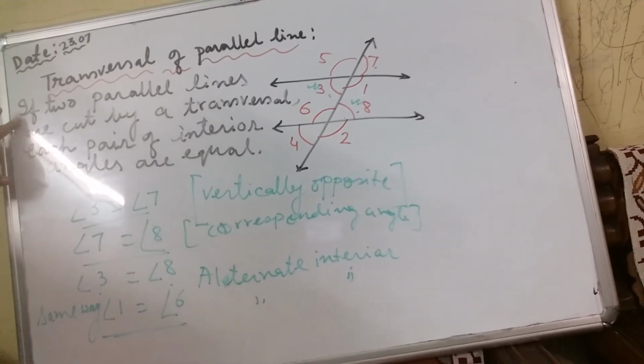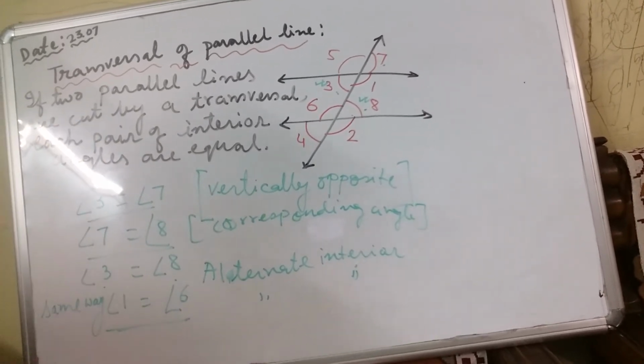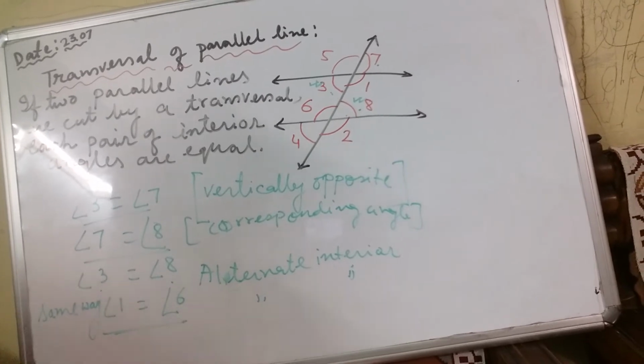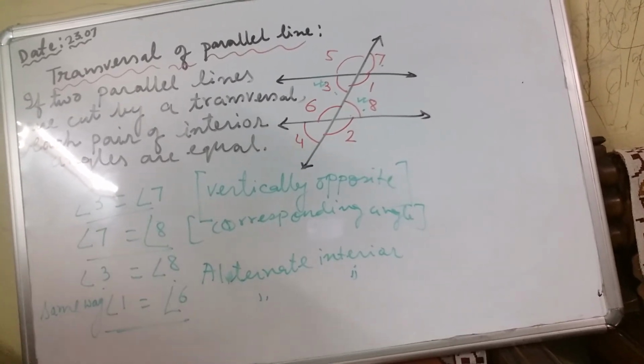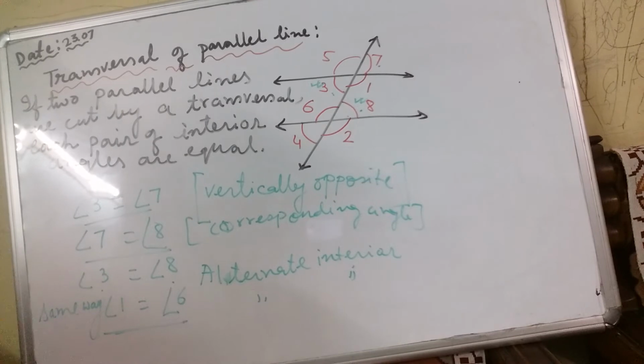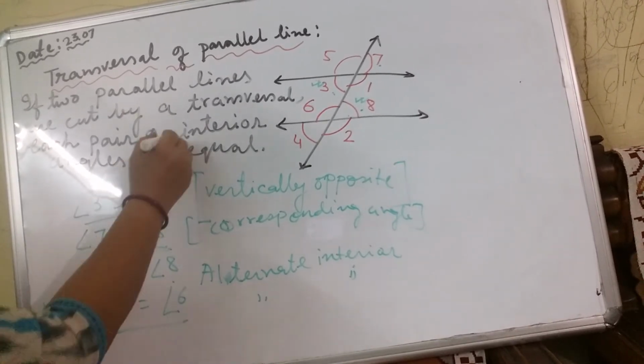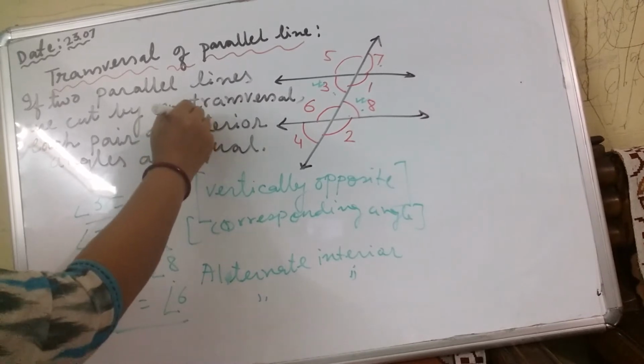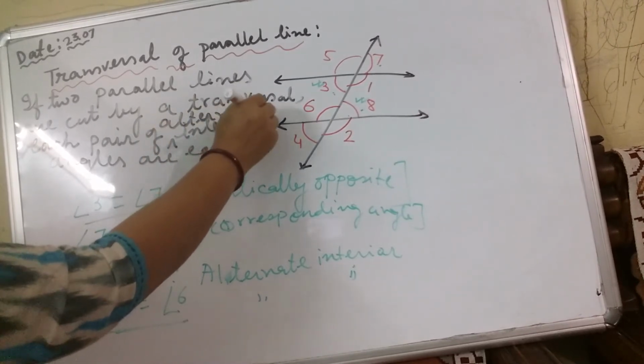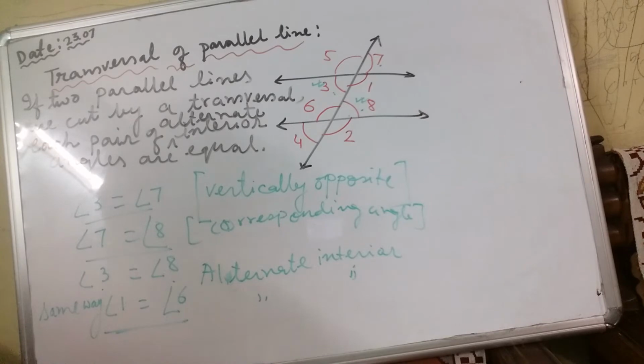We can say that if two parallel lines are cut by a transversal, each pair of alternate interior angles are equal in measure.